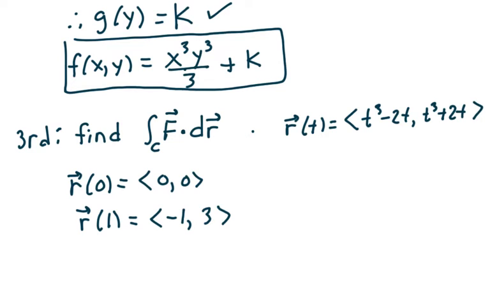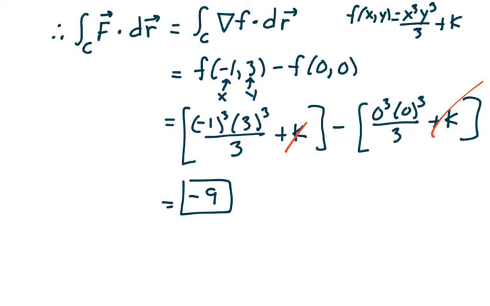And so when I plug in t equals 0, I get the vector 0, 0. And when I plug in t equals 1, I get the vector negative 1, 3. Well, I'm in business because the integral over C of F dot dr is the integral over C of the gradient of f dot dr, and that's f of negative 1, 3 minus f of 0, 0.